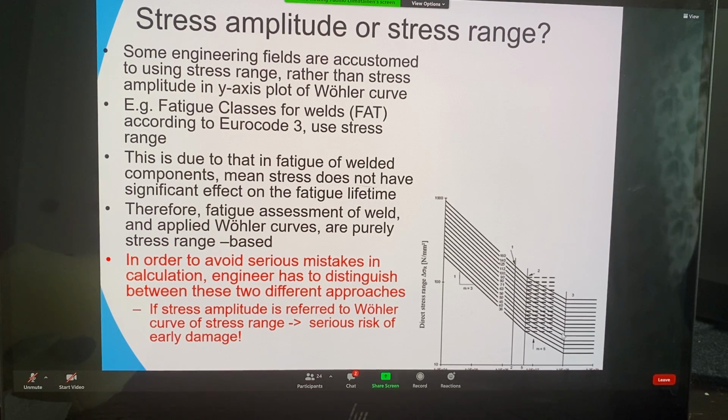You must keep in mind that you always have to look at what is written on the y-axis. Does it refer to stress range, which is usually described by a capital delta, or does it refer to stress amplitude? But it's fairly easy to see, because most often it's written there, and then you just know which one is being used.